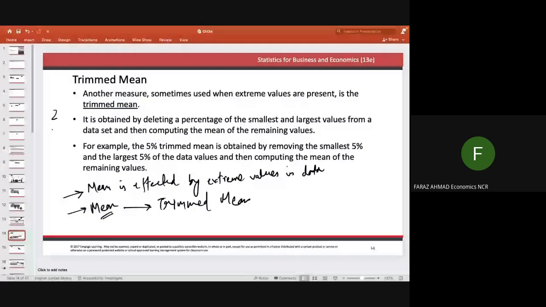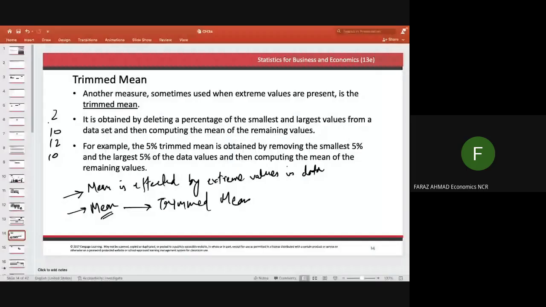So if we have 2, 10, 12, 10, and then you have 26.